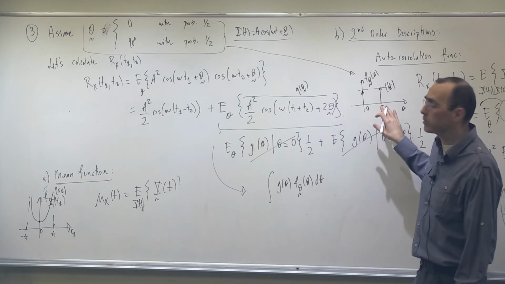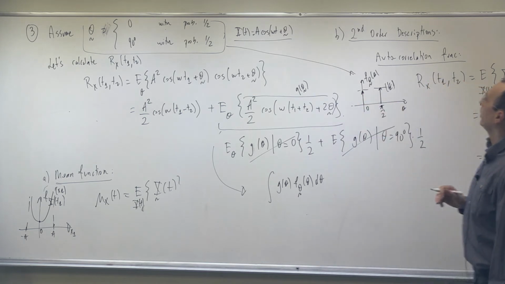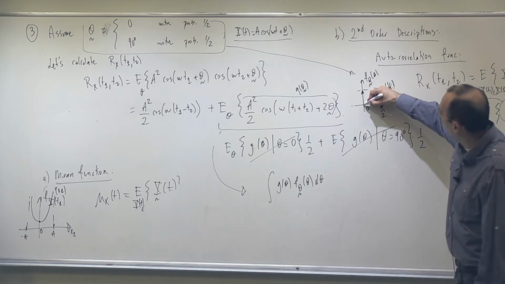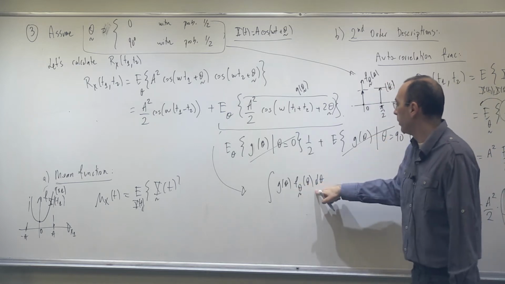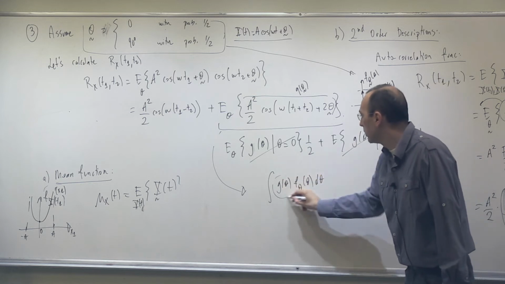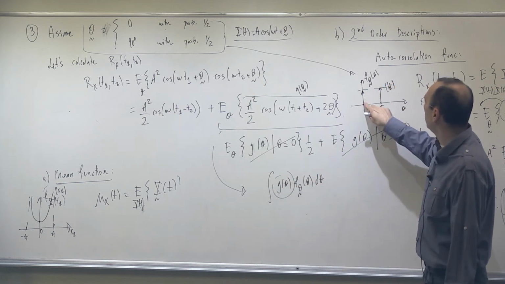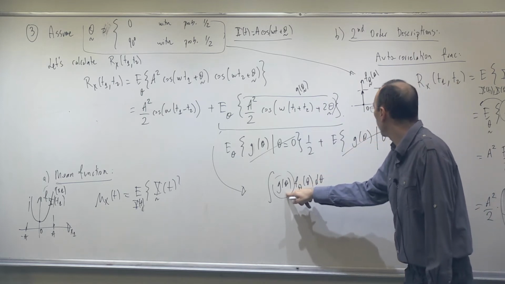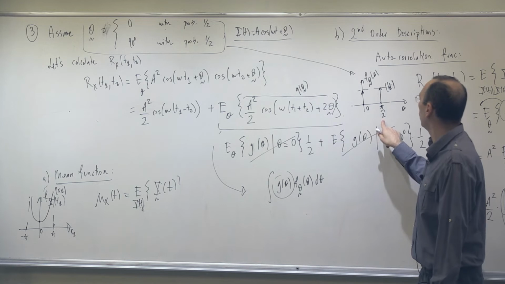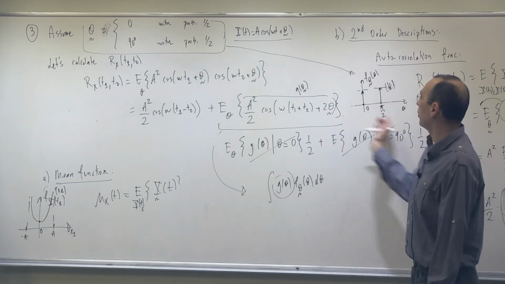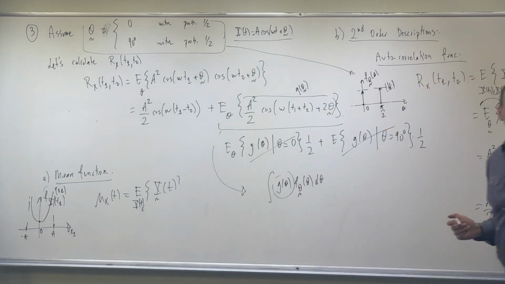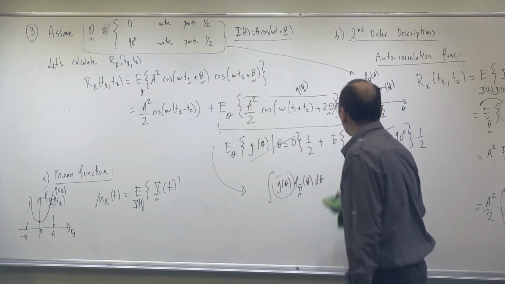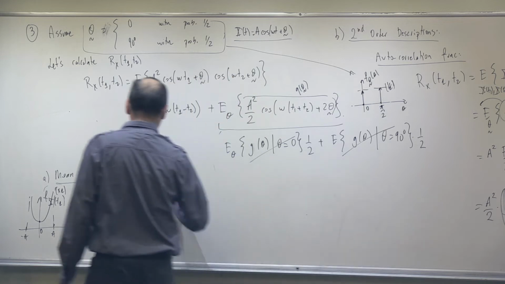This is the thing that I sometimes mention: we use impulses also for the probability mass functions because of this property. So this is evaluated when theta is equal to 0 and multiplied by 1/2, and then this function is evaluated when theta is equal to pi over 2 multiplied by 1/2, and I sum them up. Okay, that is it. Very good.